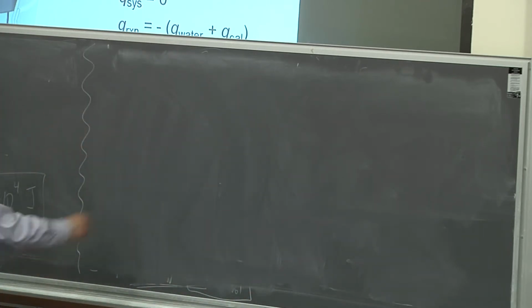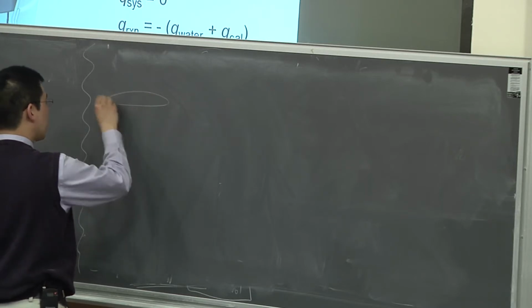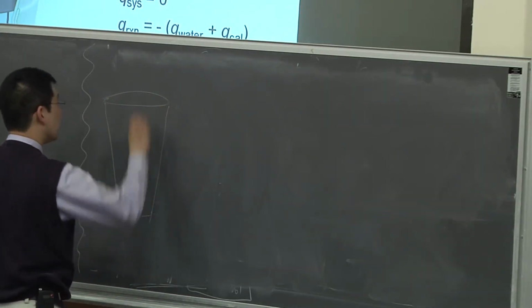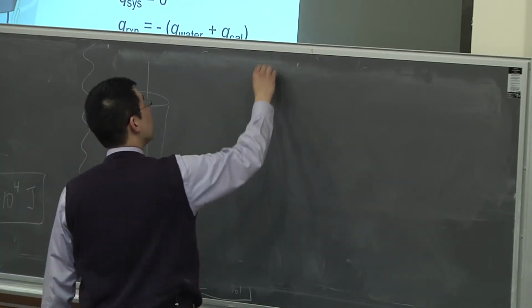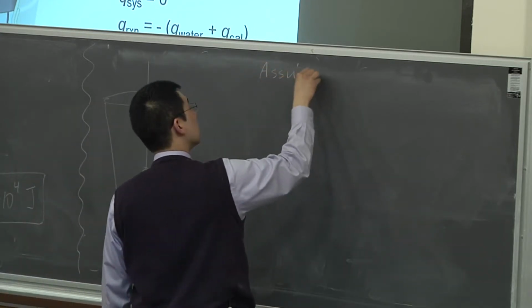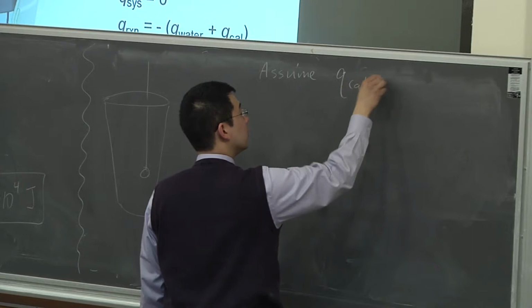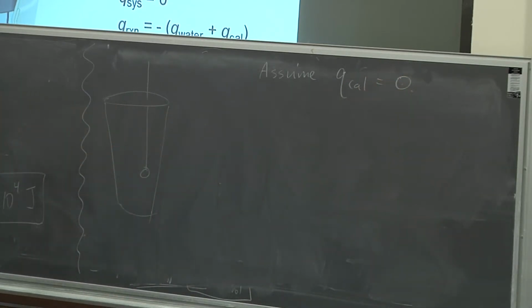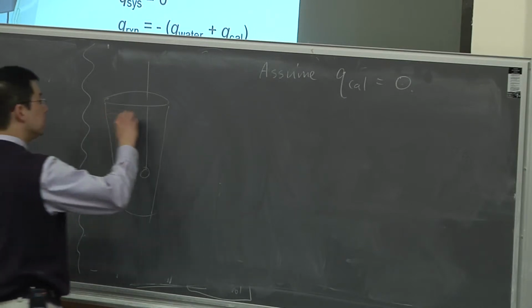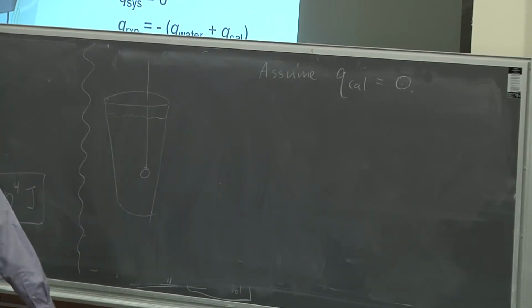But back to here. Let's say we have our coffee cup and we have our thermometer, and let's assume QCal equals 0, so the calorimeter itself doesn't change. And so we put a bar of iron.